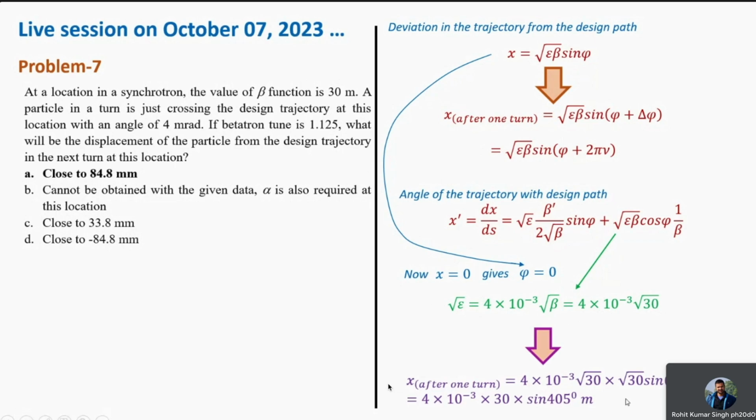Then there is under root beta, that is under root 30. And then sine phi is 0 from the initial condition, so we have only sine 2 pi nu. And for sine 2 pi nu, if you put 1.125 into 360 degree, that will be 405 degree. So this will be the answer after one turn. So is it clear or not?